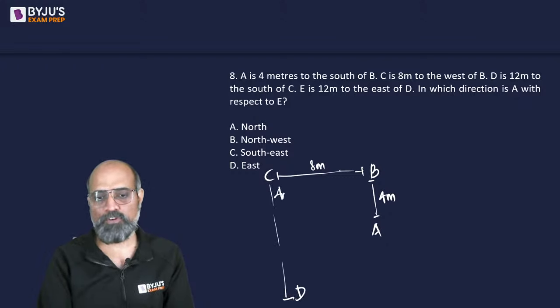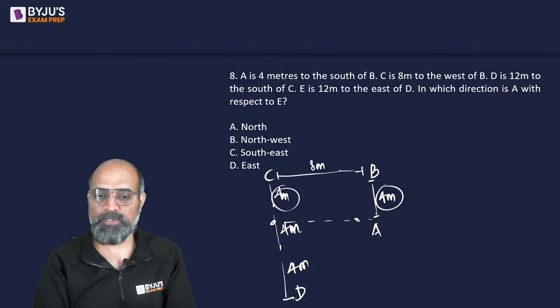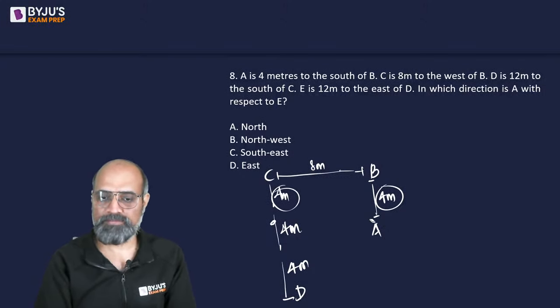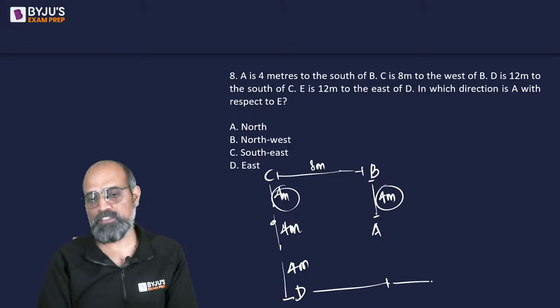12 meters means 4 meters, 4 meters, 4 meters. That is 12 meters. Why have I taken it as 4 meters? Because this was 4 meters, so this point is going to be exactly in front of it, right? That's why I have broken down 12 meters into three 4-meter parts. Next is 12 meters to the east of D. So 12 meters would mean 8 meters and 4 meters.